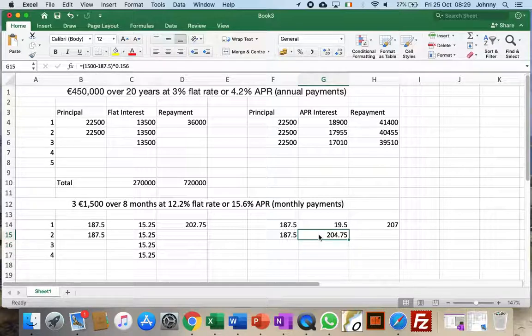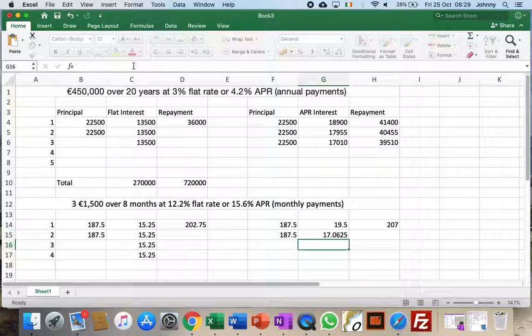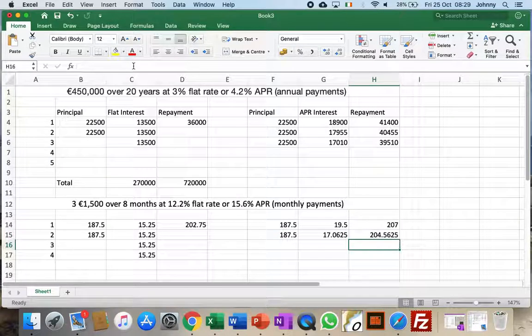And what did I forget to do? I forgot to divide that by 12 to turn it into a monthly figure. So my repayment is going to be those two added together. Is that okay? You then work down and work out all of your repayments for all of your 8 months. I hope that makes sense.